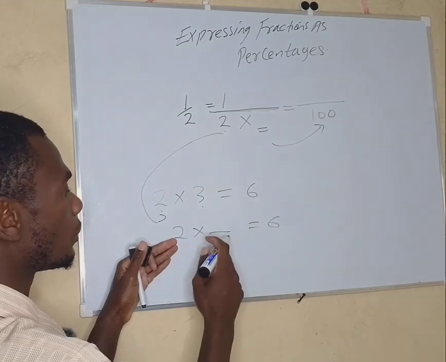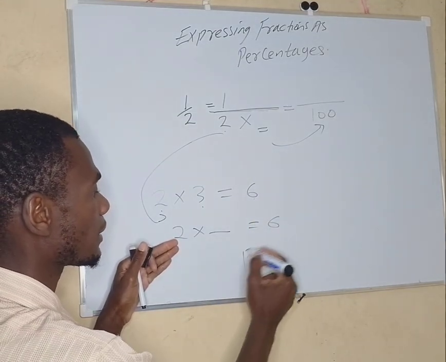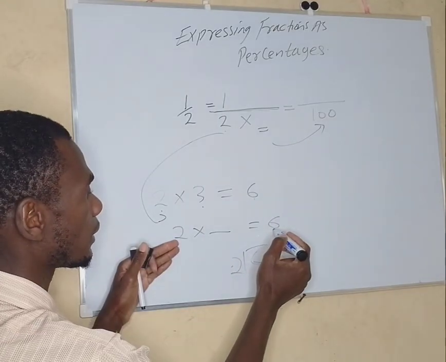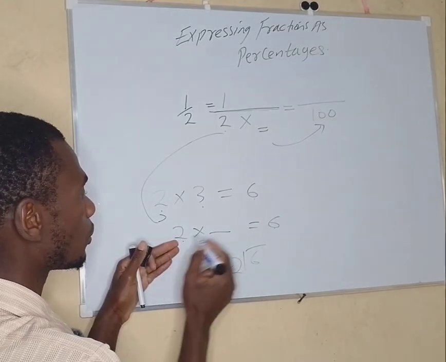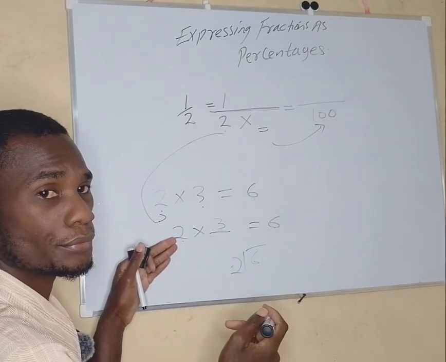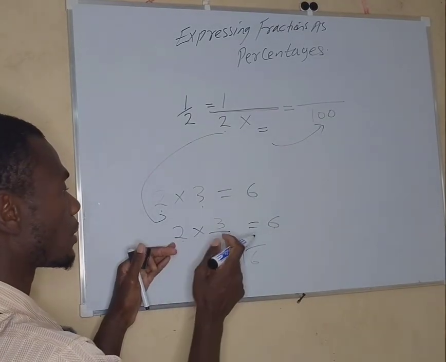instead of guessing, just take the answer, take that 6, and divide by 2. You are supposed to get this number here, because these are called factors of 6. So 2 times 3 is 6.